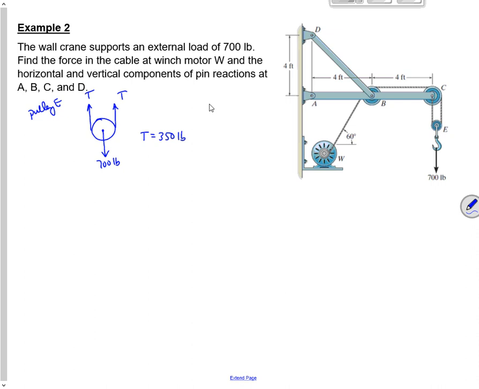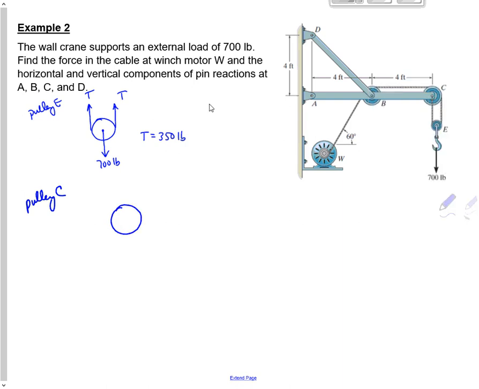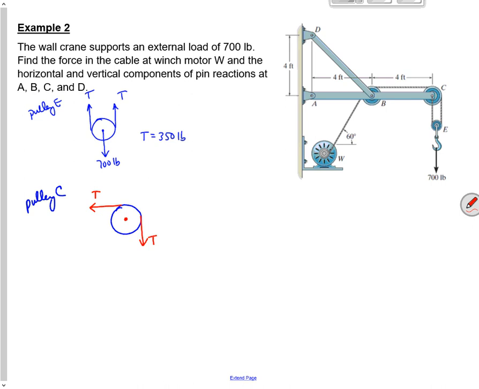So now what do we do? Now let's look at pulley C. I guess I need to make these in red. So I've got a tension pulling down this way. I've got a tension pulling over this way. And then I've got pin reactions at the center, support reactions.